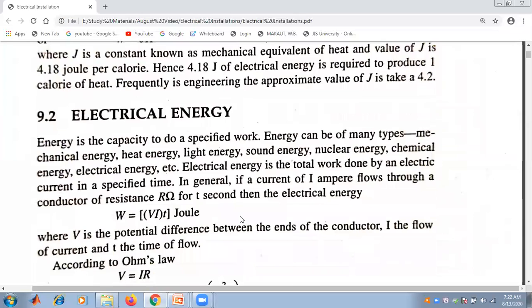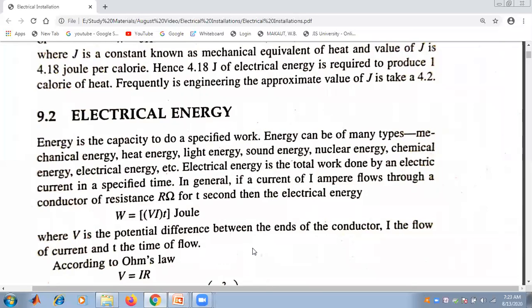Now coming to another part, called electrical energy. We all know that energy is the capacity to do a specified work.